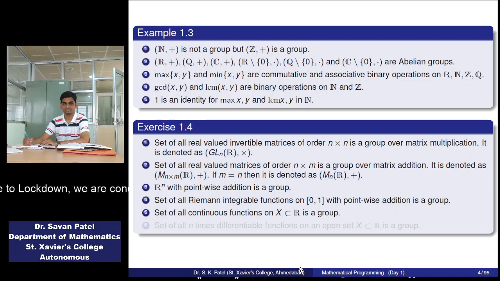The set of all continuous functions on any open set subset of R, or even any subset of R, is a group under pointwise addition.